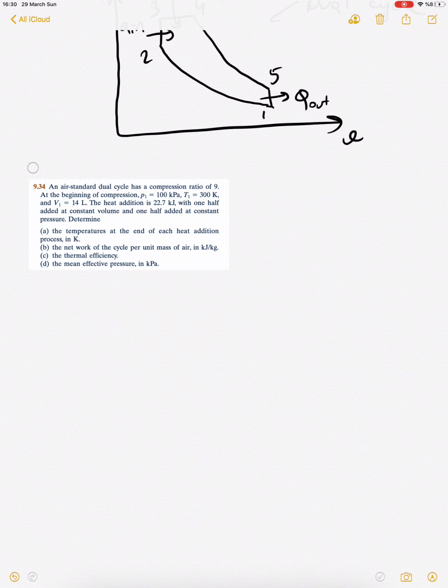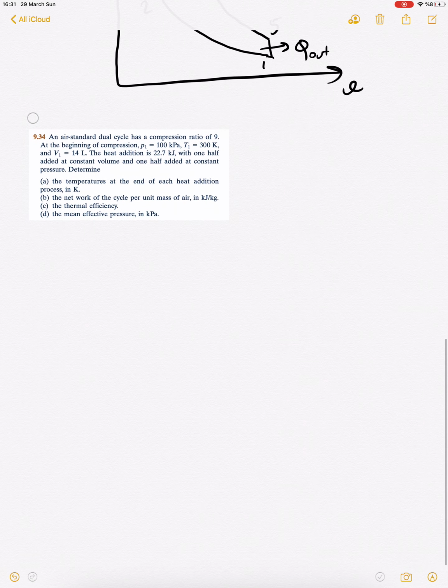Heat addition is 22.7 kilojoules with 1/2 added at constant volume and 1/2 added at constant pressure, so it happens in 2 stages. So determine the temperature at the end of each heat addition process in Kelvin, net work, thermal efficiency and mean effective pressure.